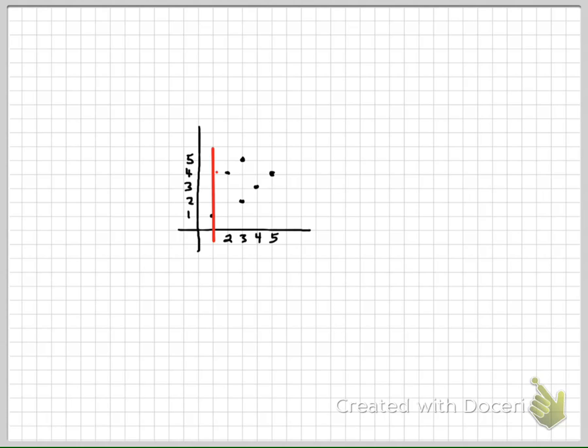Now, if I were to draw another line through my next point, you can see once again it only goes through a single point. But if I draw a line going through this third point, notice this one actually goes through two different points on the line. So there are 2 points on that same line, which means this one fails the vertical line test, meaning this is not a function.